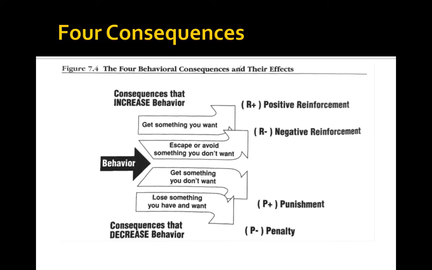The challenging behavior in this case is the belligerent or defiant behavior, and I am giving an office referral. And if that then reduces the likelihood that the student will be belligerent or defiant in my class in the future, that functions as positive punishment.